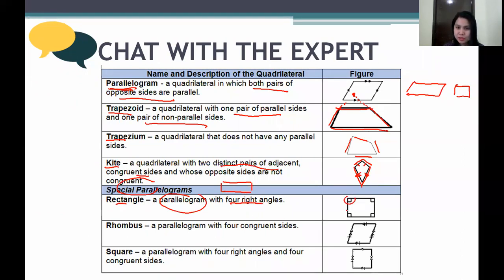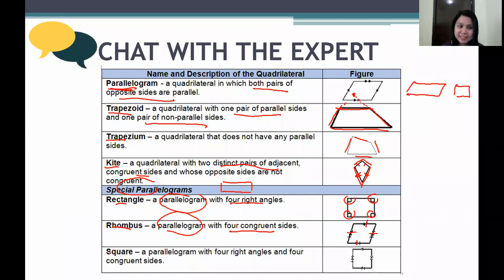So 1, 2, 3, 4. That is a rectangle. A rhombus is also a parallelogram. What makes it unique? It has four congruent sides. It means all sides are equal.